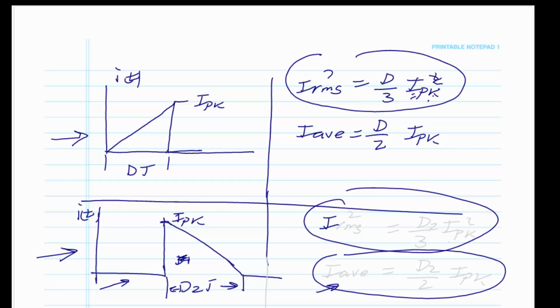And the IRMS squared is d2 over 3 times I peak squared, and the I average is going to be d2 over 2 times I peak.